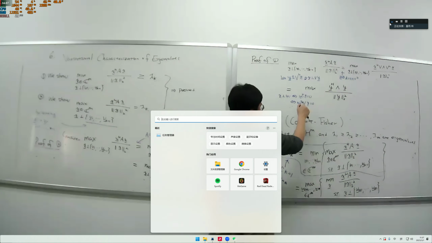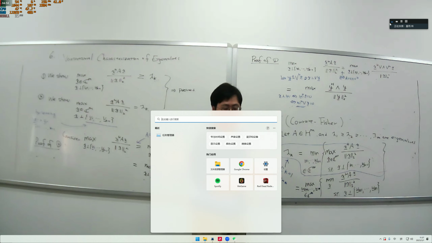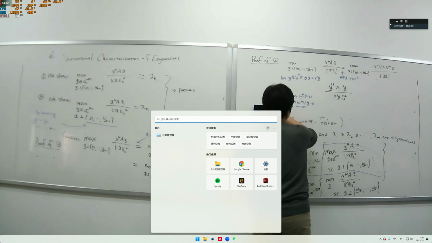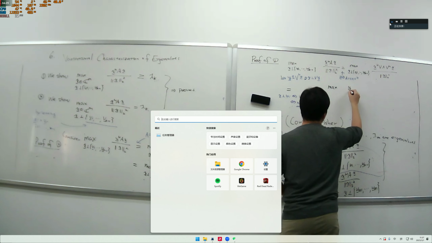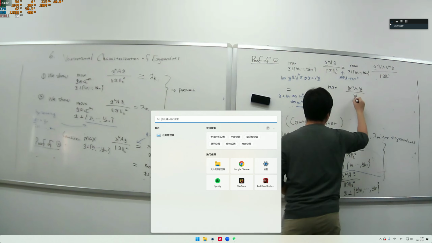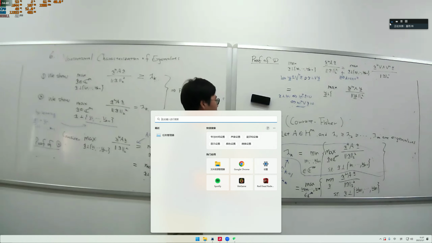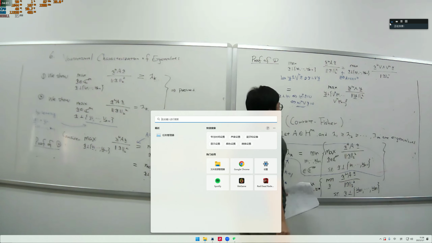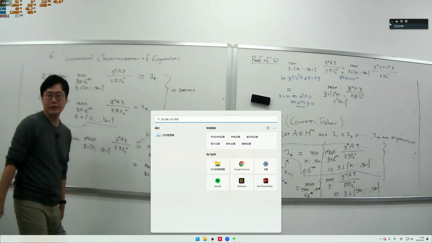So now the constraint becomes: y is orthogonal to V Hermitian W1 to V Hermitian W(k minus 1). I'll change it to this.